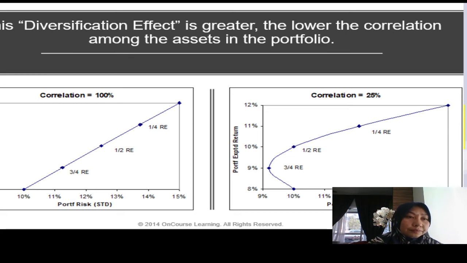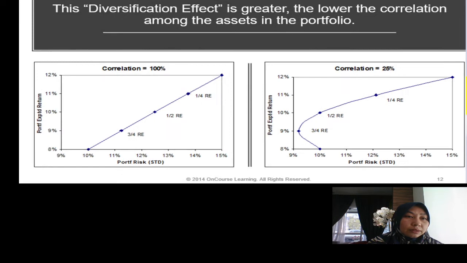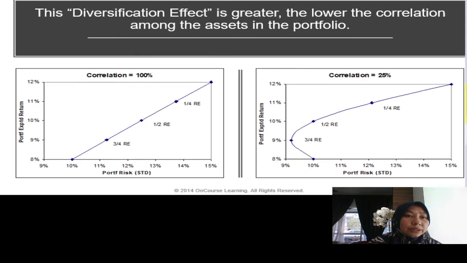We can see here the correlation of 100%, and this one is only 25% correlated. If it is correlated 100%, the risk is 10% with 8% expected return. If the risk is 14%, the expected return is 11%. And this one is low correlation.